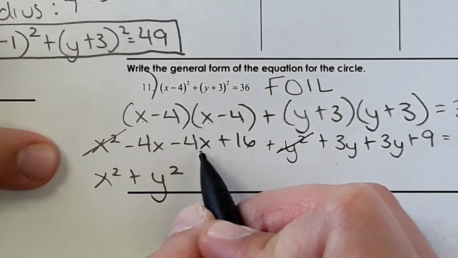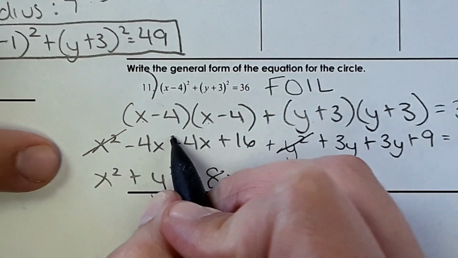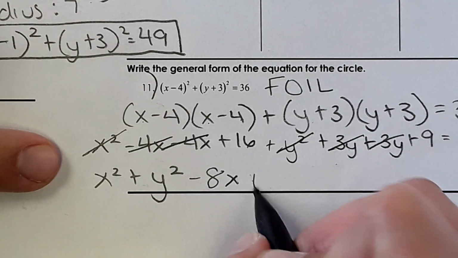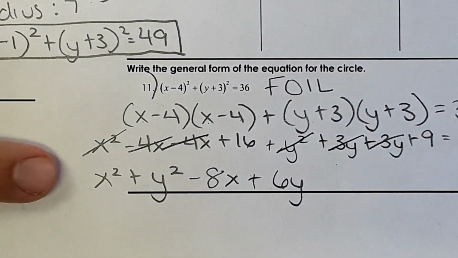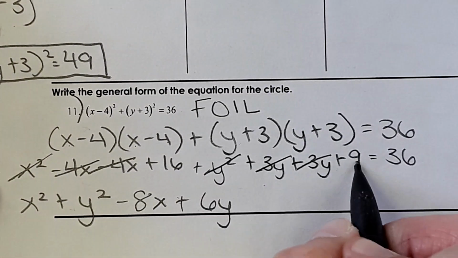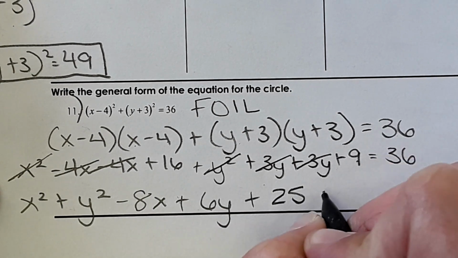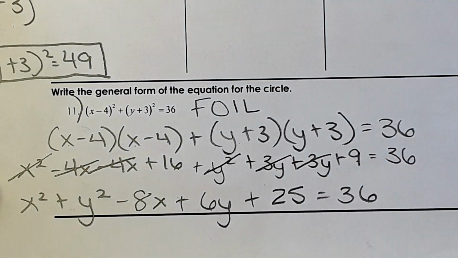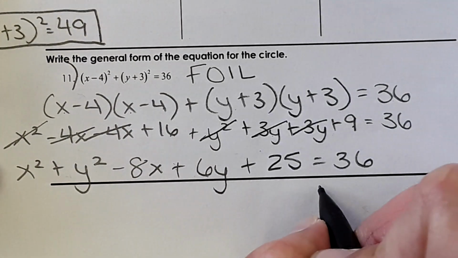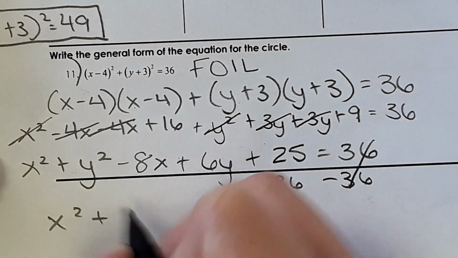Then we have negative 4x and negative 4x, that would be negative 8x. Then the 3y plus 3y, which is 6y. And combining constants, so 16 plus 9 would be 25. So from here, now I just need to get it equal to 0. So I'm going to subtract 36 from both sides. And then rewrite this thing.